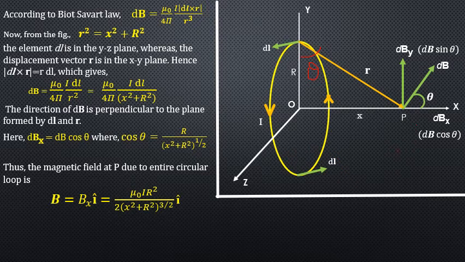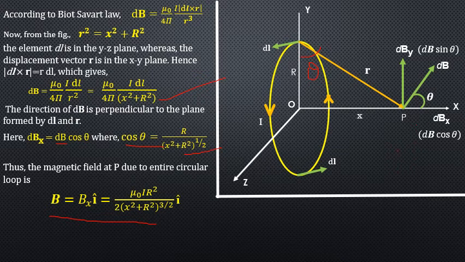So the magnetic field at point P due to the entire current loop, the net magnetic field, will be the result of the sum of all the x components only. So the net magnetic field at P is equal to Bx i cap, which is along the x direction only. We can easily find it because we have just substituted the value of dB from this equation and cos theta.